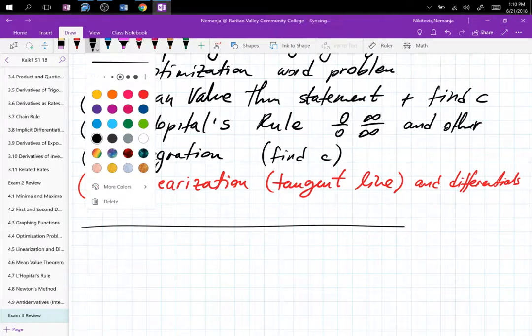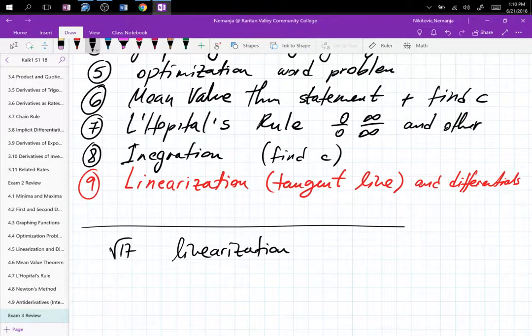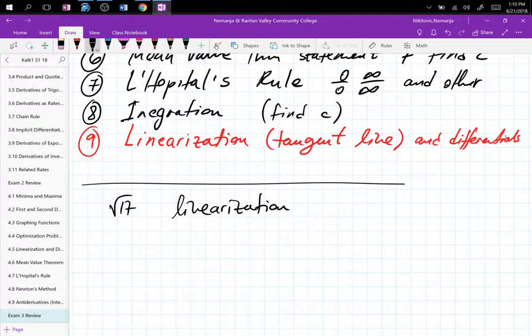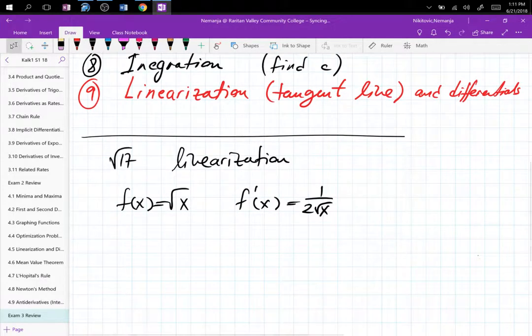Okay, so figure out square root of 17 using linearization. We have f of x equal to square root of x, and f prime of x equal to 1 over 2 root x. These are things we need, and we'll need them for differentials as well.